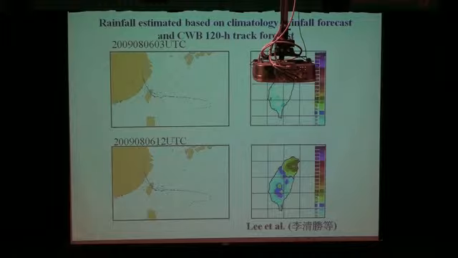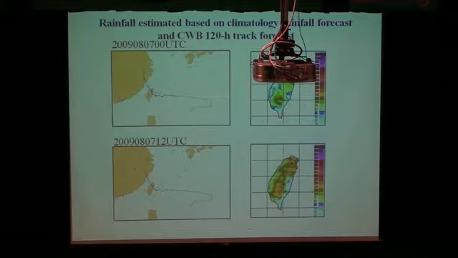And with forecasts starting from different times, they have rainfall distributions like this. At this time the rainfall is heavier than the previous one because now the Central Weather Bureau has a more accurate estimate of the speed of the system.